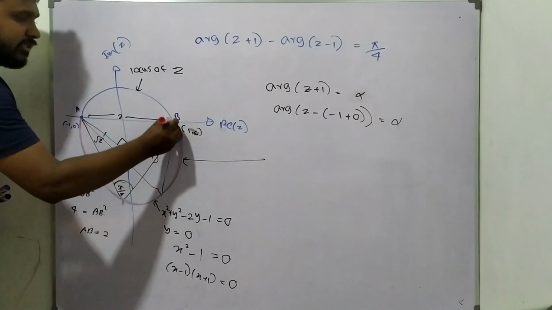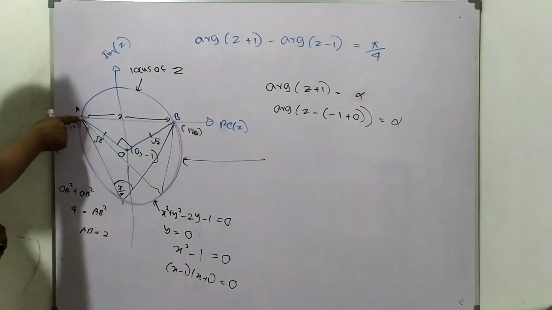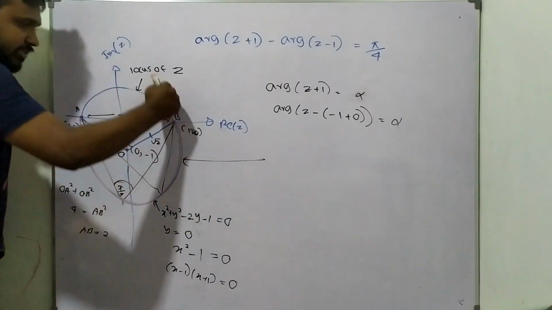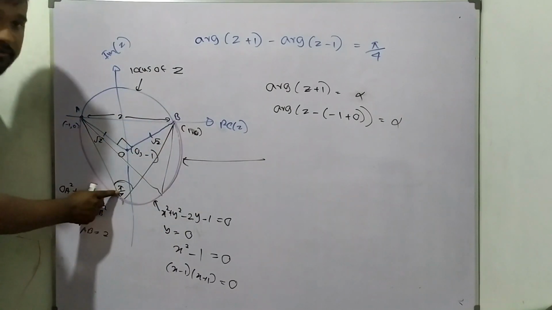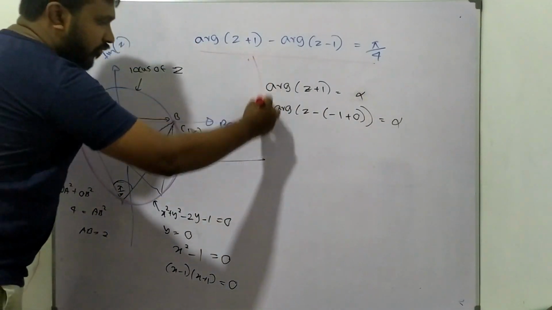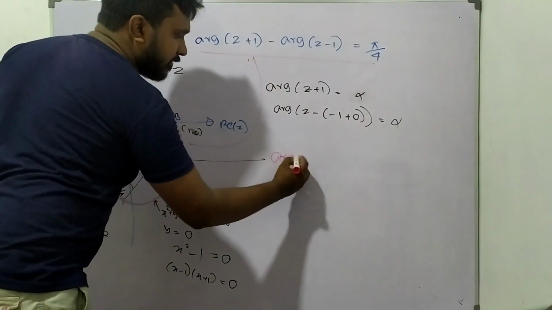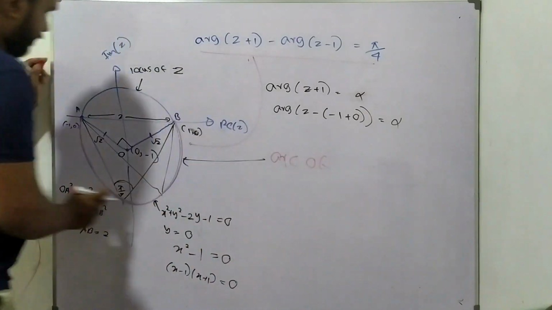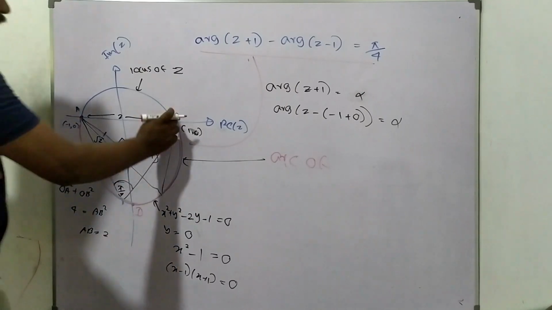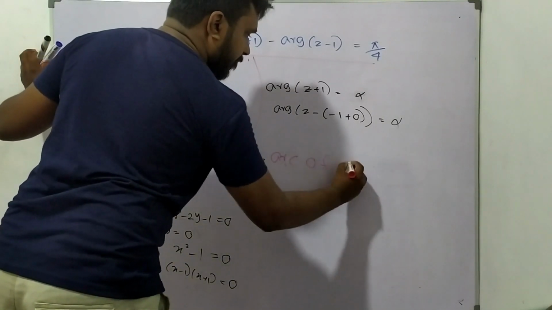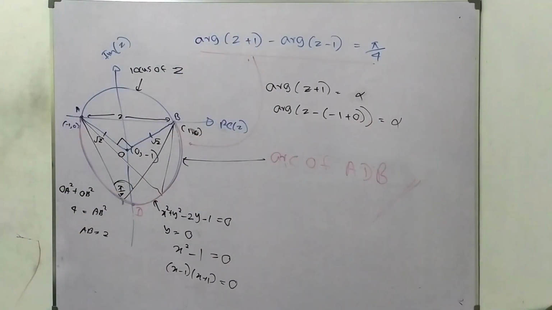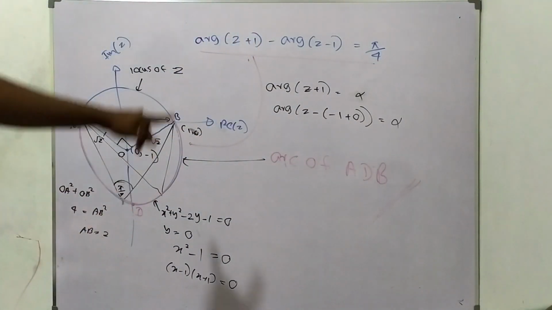This red surface, in between A to B, always makes a pi by 4 angle. So therefore the locus of this becomes the arc ADB.